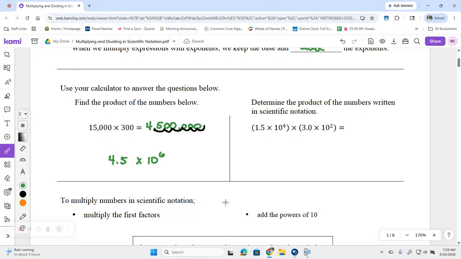So when we're multiplying numbers in scientific notation, we can multiply 1.5 times 3 and then we can multiply the powers of 10.